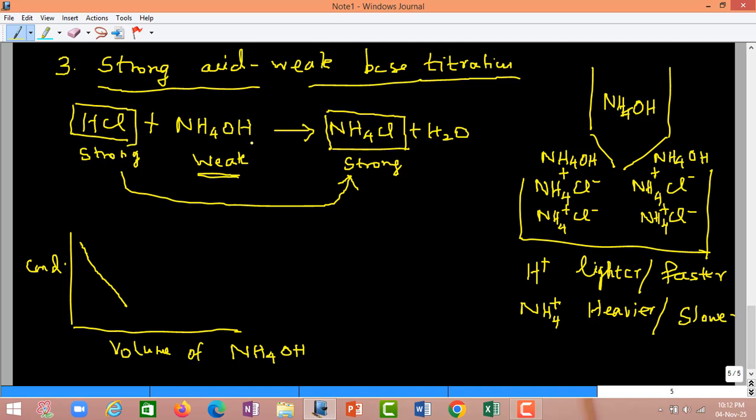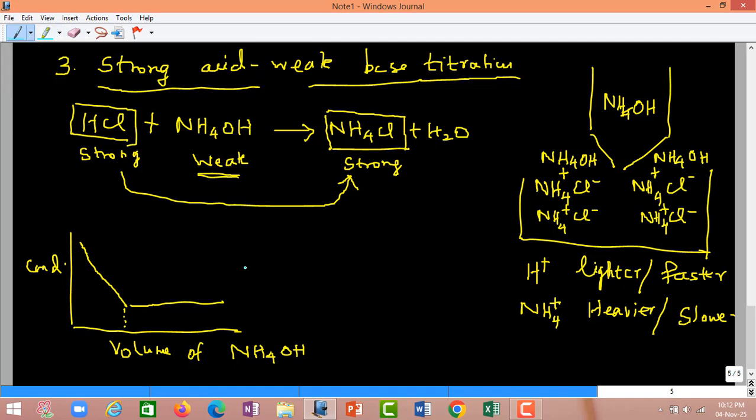So if you find 1 lakh ammonium hydroxide molecules in the undissociated state, you will find only 1 molecule in the dissociated state, and so the number of ions, even when you add excess ammonium hydroxide, will not increase sharply and it will be almost constant. The point where the slope changes will give the end point for the strong acid weak base titration.